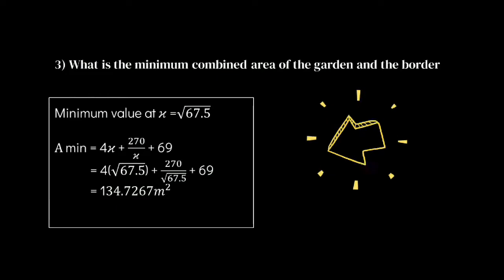From that minimum value, we substitute the value into the equation, and lastly we get the answer, which is equal to 134.7267 meter square. Alright, that's all, and thank you.